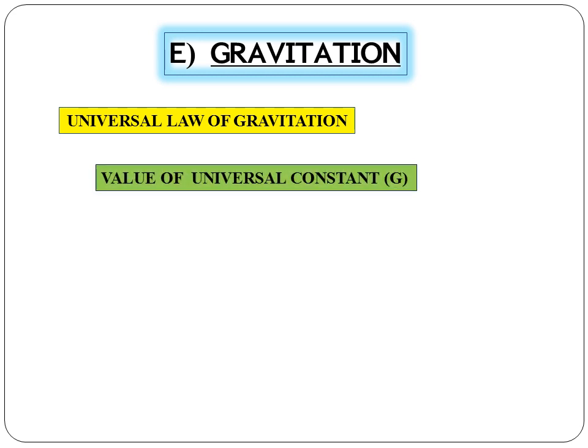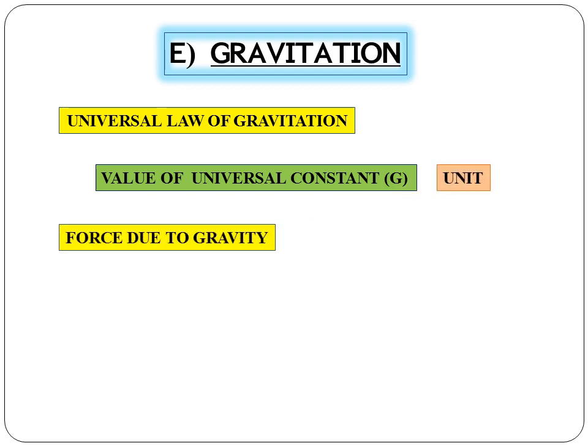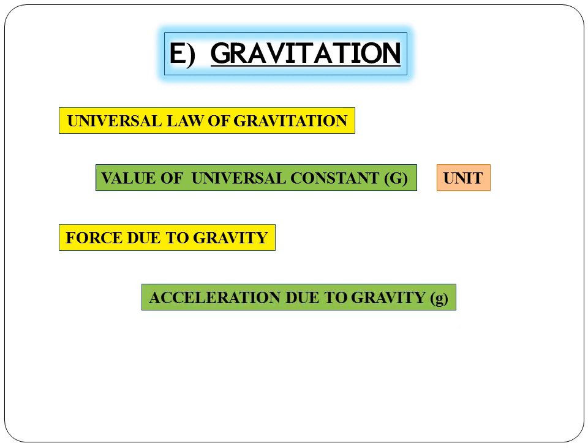We'll see what the universal constant is and its unit. Then comes force due to gravity, the force with which the earth attracts a body. Because of this force, the body gets accelerated.